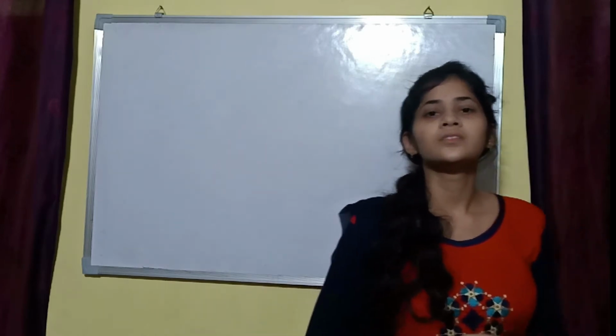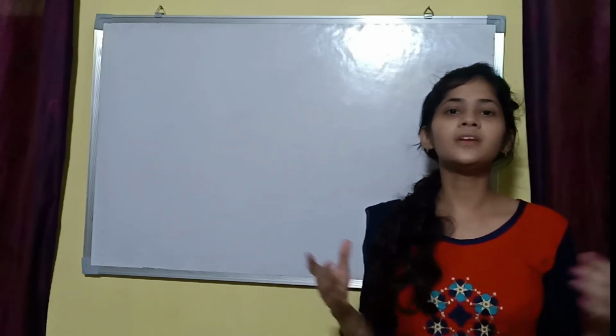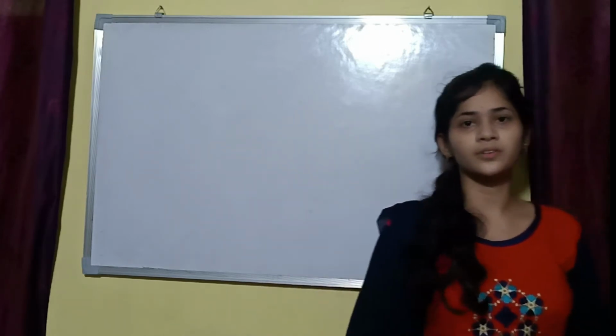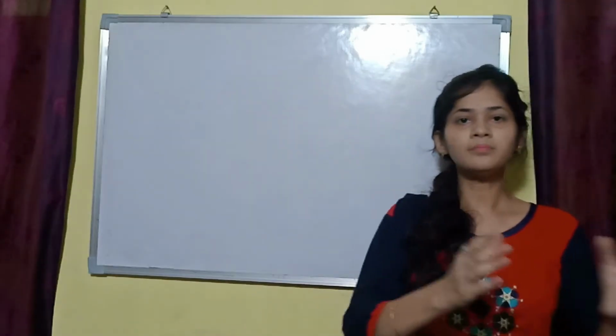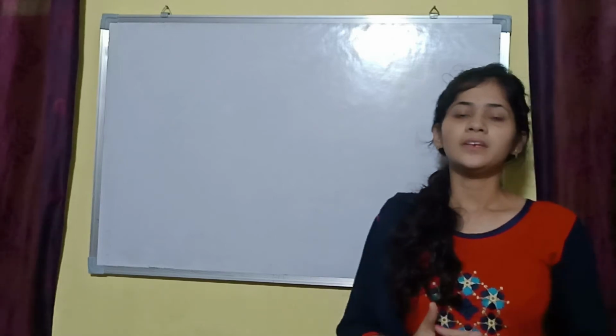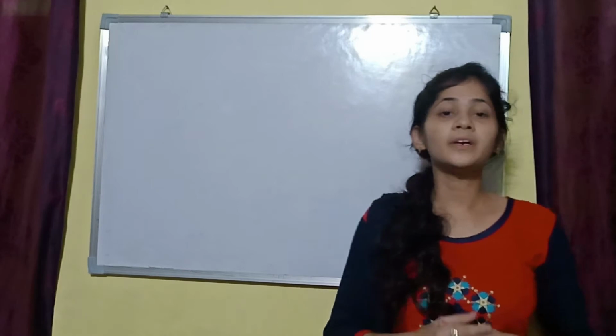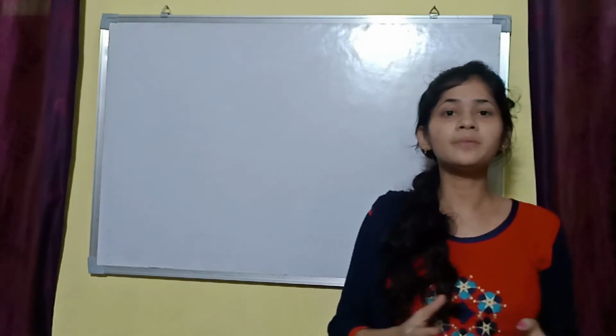Okay. So now we will discuss what principle is used in the electric motor. Let me recall some concepts about it. You know that if we have to do some work, we need to apply some force. But how does the electric current produce some force?